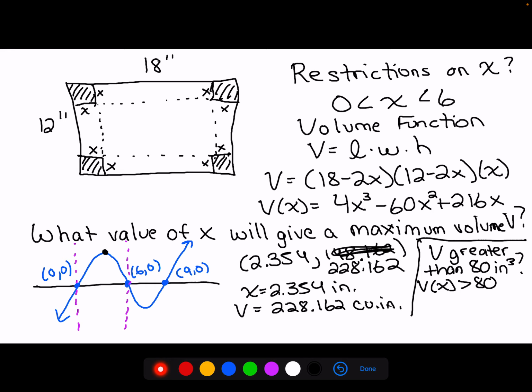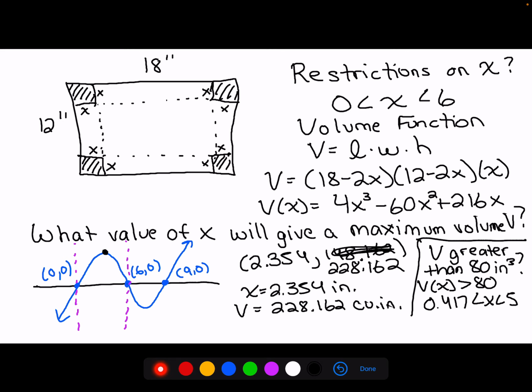So graphing V minus 80, I asked myself, where is that V greater than 80? And when I looked at the graph, put a point there, I determined that my x's fell from 0.417 to 5 because of the way the graph has that little hill.